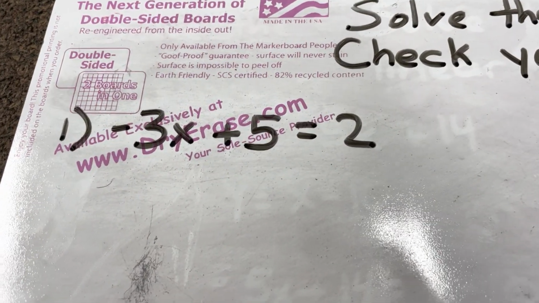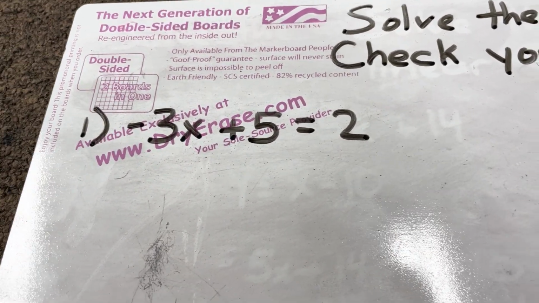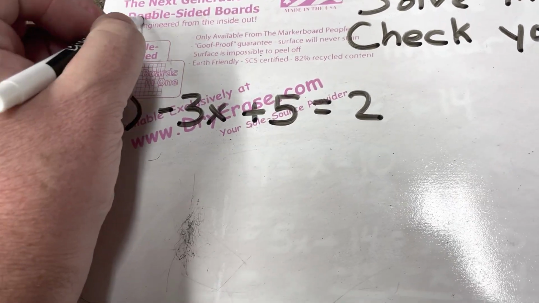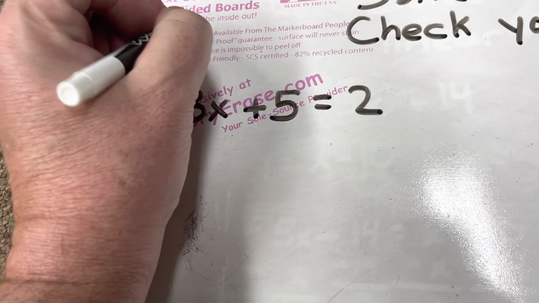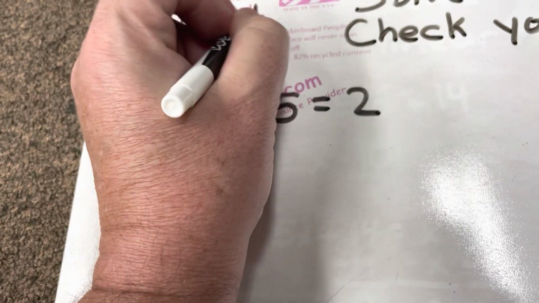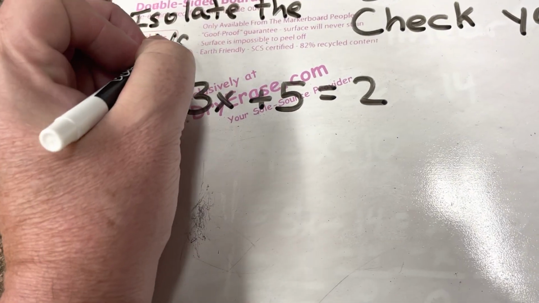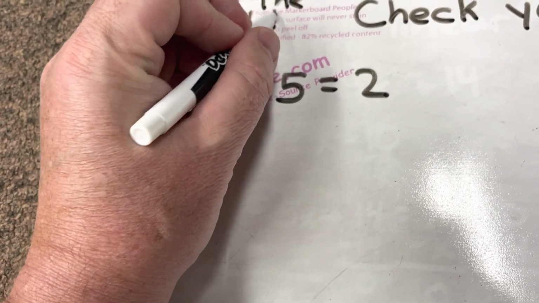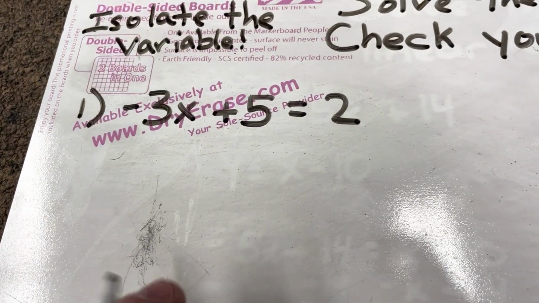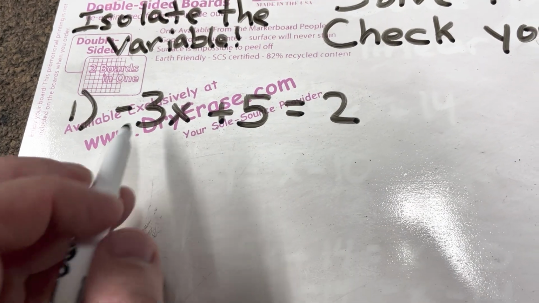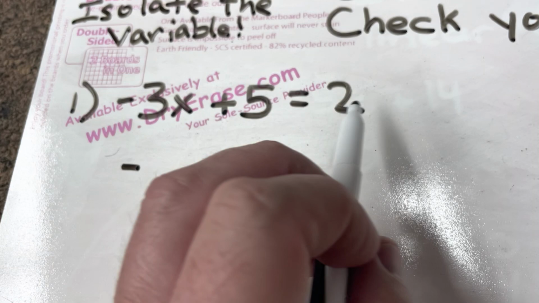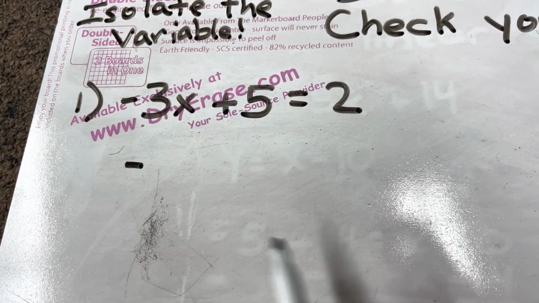So here we have negative 3x plus 5 equals 2. Now that first step is still all about isolating the variable. That's very important. I want to get negative 3x by itself. When you set these up on your paper, you're going to write the original equation.